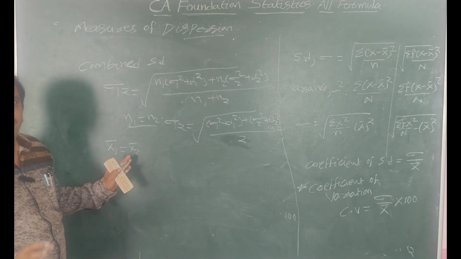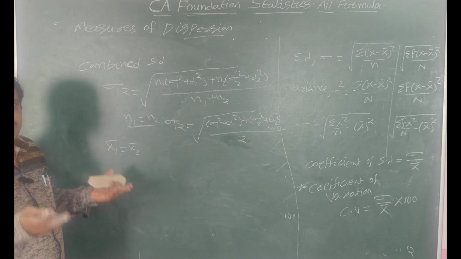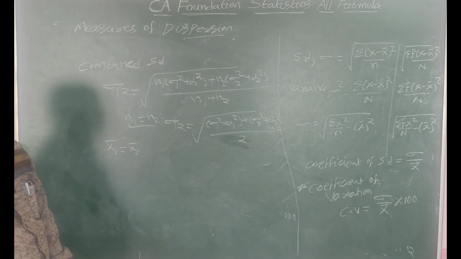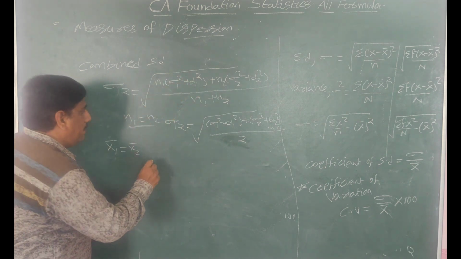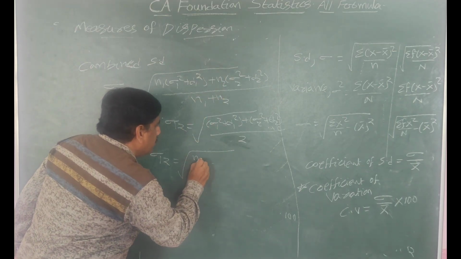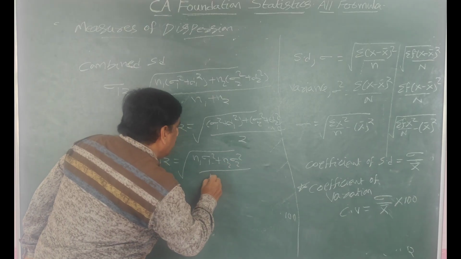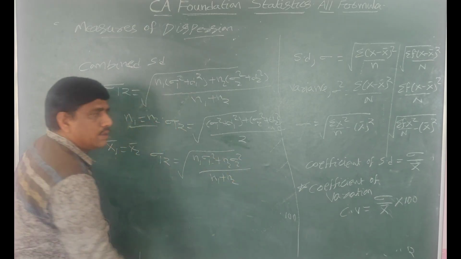When means are equal, the combined mean will also be equal to this value. x1 bar minus x12 bar is 0, x2 bar minus x12 bar is 0. With d1 and d2 being 0, the combined SD formula is the square root of n1 sigma 1 square plus n2 sigma 2 square divided by n1 plus n2.